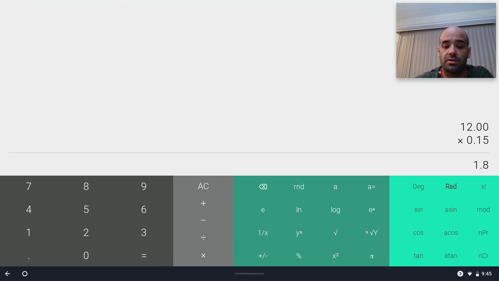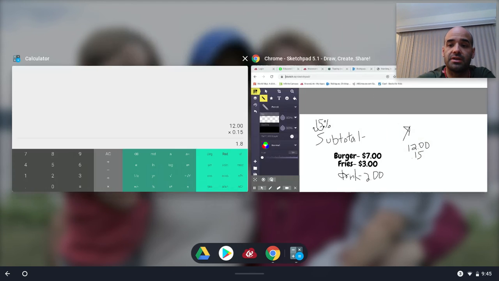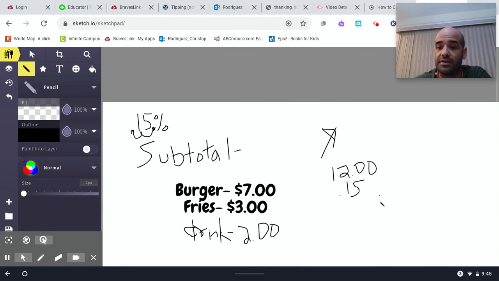What we get is 1.8, or because money always has 2 decimals to the right, $1.80. So the proper tip, a 15% tip for a $12 meal, would be $1.80.